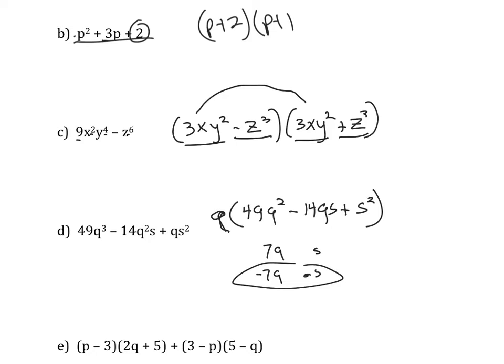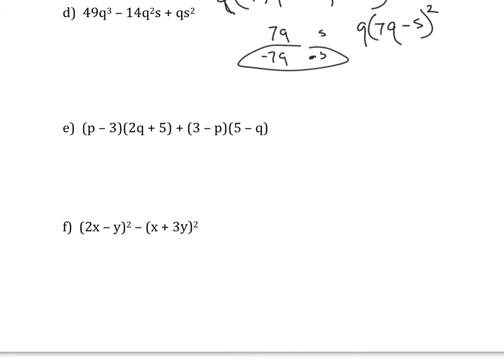That means we're going to end up with q times 7q minus s, squared. And that'll bring us back to our 49q cubed minus 14q squared s plus qs squared. Again, the first thing was to factor out the common term, which was the q.